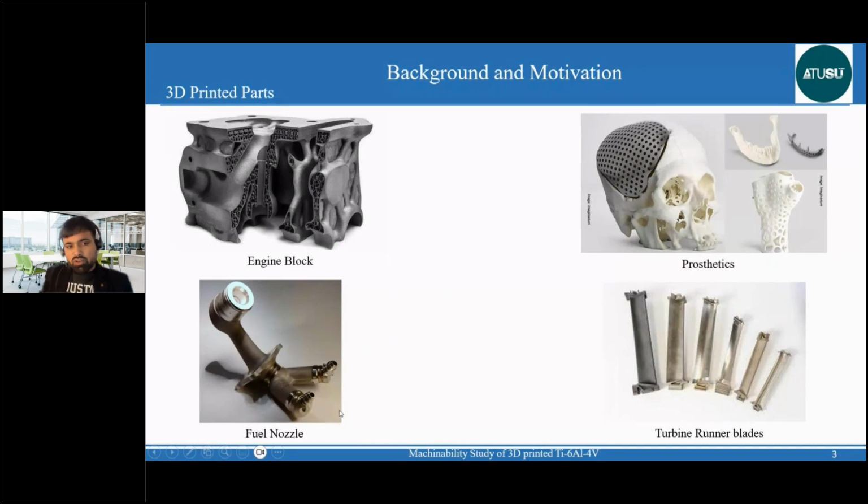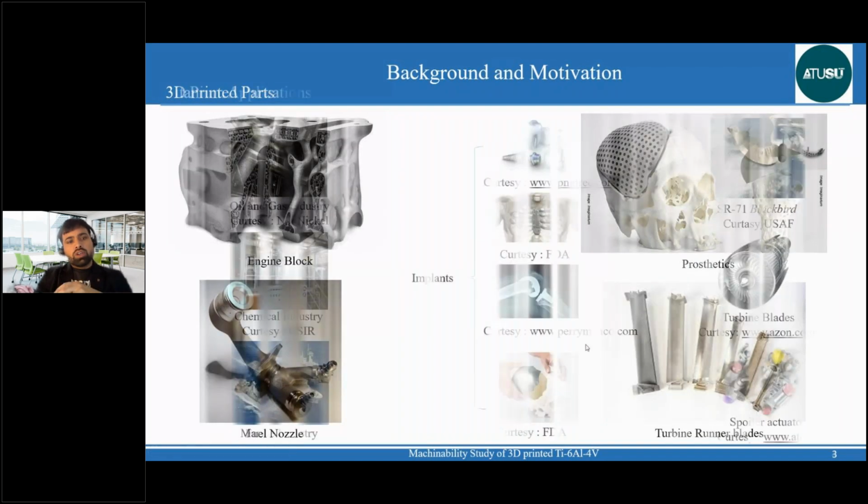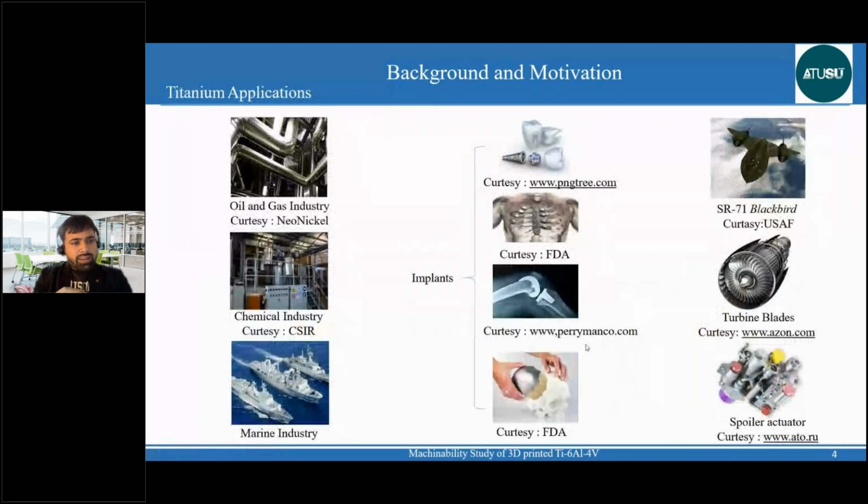See the fuel nozzles, the engine blocks, the prosthesis. This is a very well advanced topic nowadays, and the turbine runner blade. Further, we go into implants, the oil and gas industry, the chemical industry, the marine industry. So there are so many broad areas which nowadays are using 3D printing technology to build the material.